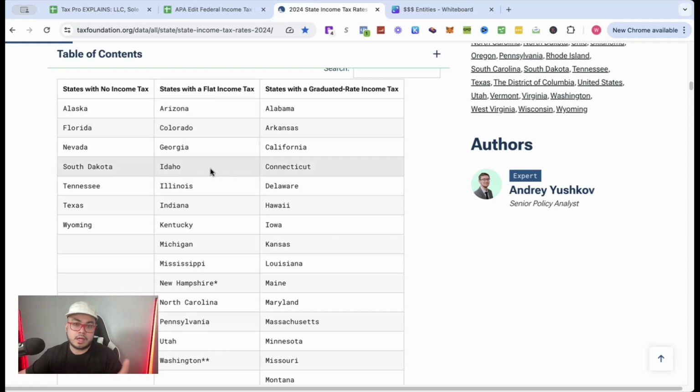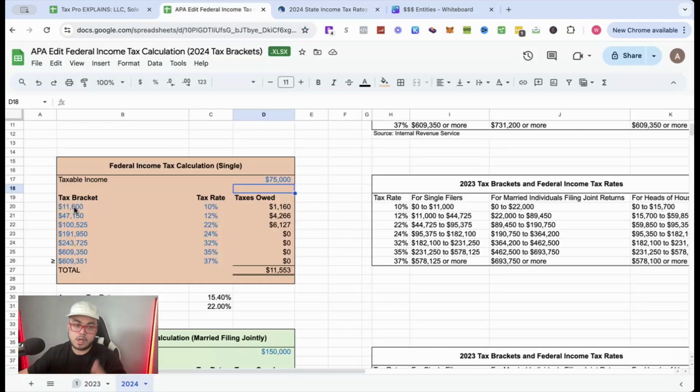And then there's also going to be states with a graduated or progressive tax system, much like our federal tax system: tax bracket, you max it out, you go into the next one. Once you max this one out, hey, you pay 10% on 11,600, and then when you are maxing this out, you go to the next bracket, and then the difference between these two, if you max that out, you pay 12%.